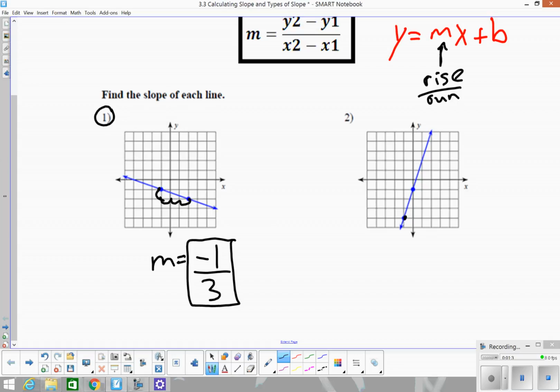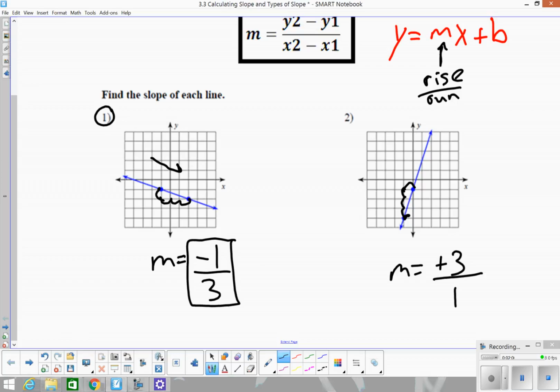If I'm starting at that point, how do I get to that second point? I need to go up now. 1, 2, 3. So up 3 is a +3. And then I need to go to the right one, so it's going to be +1. Okay, good. Now if you notice, if you're looking at my line, is my line increasing or decreasing from left to right?